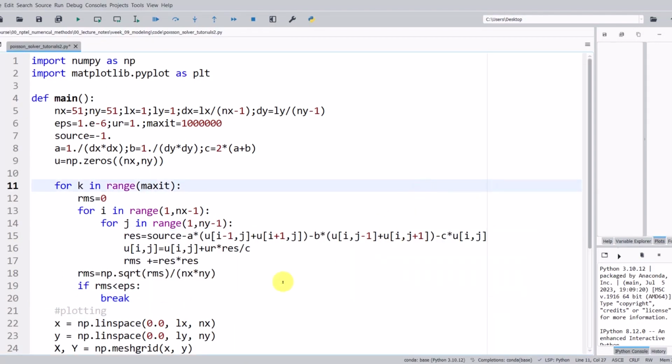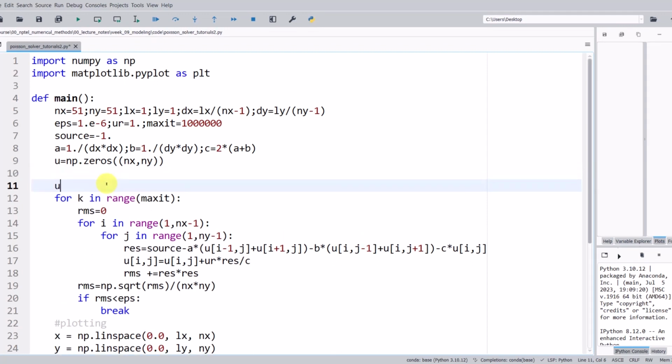What we are missing here is the boundary condition and initial guess. So we need an initial guess, and the initial guess will be all 0. So u equals 0. Okay, so this gives my initial guess. Now the boundary condition is 0.